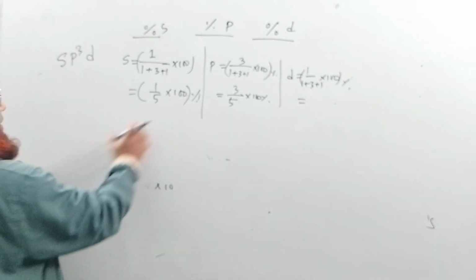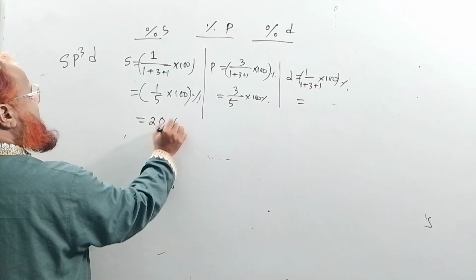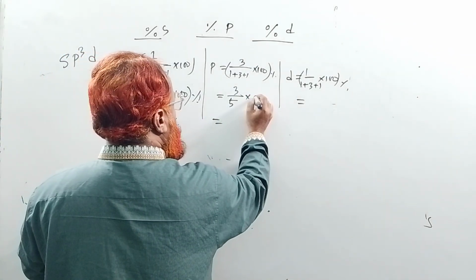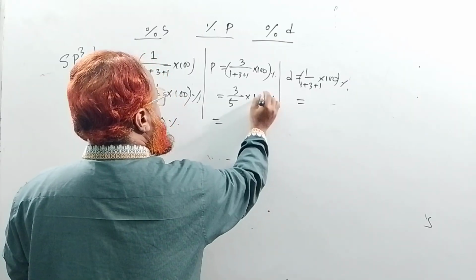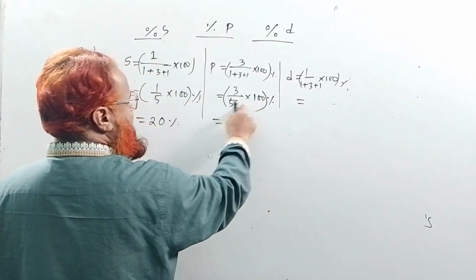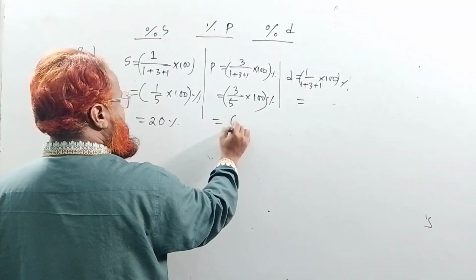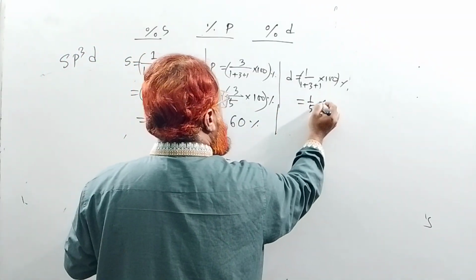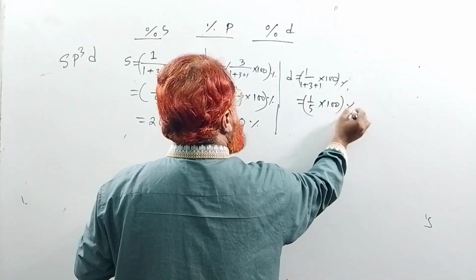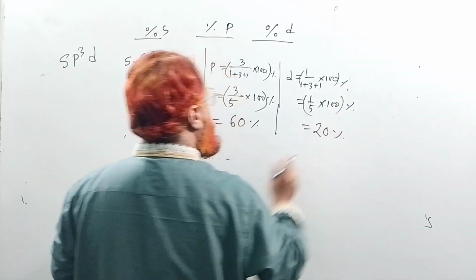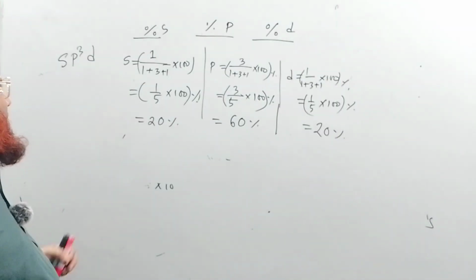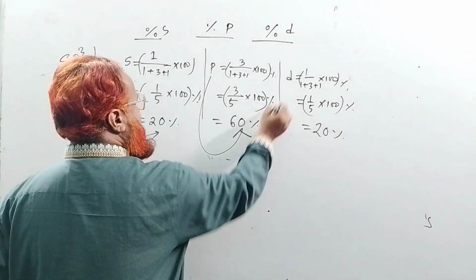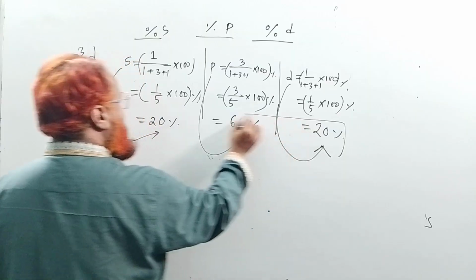Here 100 divided by 5 is 20%, and for p the result will be 100 divided by 5, that is 20, times 3, that is 60%, and here 1 by 5 times 100 is again 20%. Now look here my dear student, s is 20%, p is 60%, d is 20%.